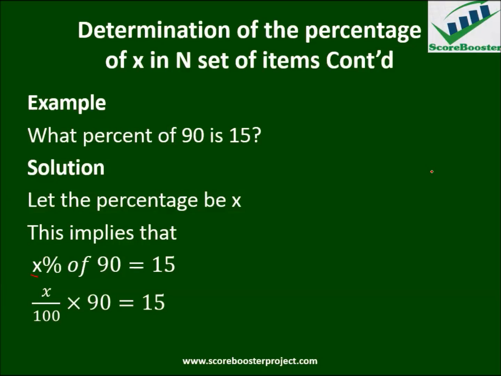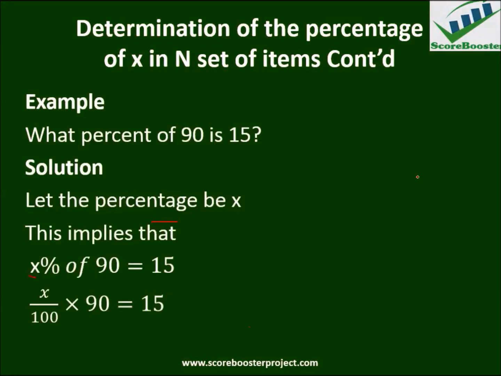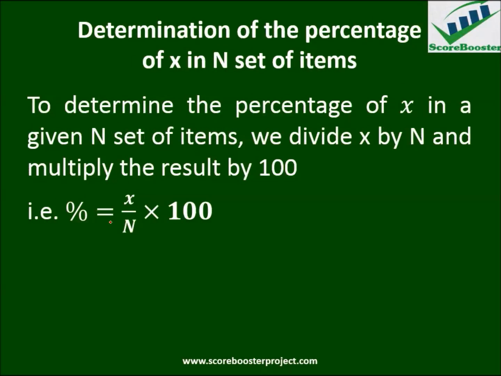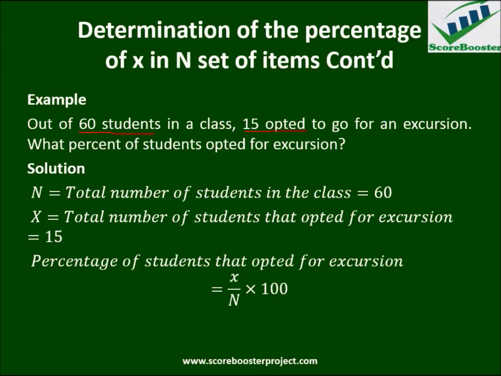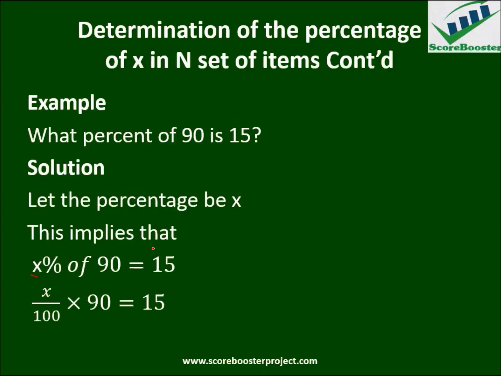So let's have another example. What percent of 90 is 15? Normally we should solve using the relationship given here, but let's try and solve the problem first by simply interpreting and understanding fully what the question is.